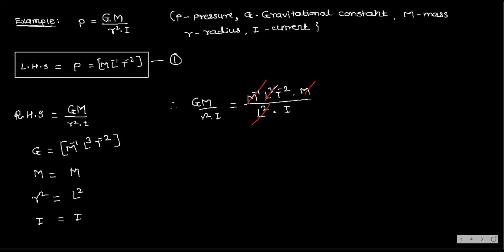This L square will get cancelled, so here it is power 1. And therefore you are getting L power 1, T power minus 2. And this I, when it is going up, is I power minus 1. And there is no M term, that's why it is 0. So RHS, which is Gm by R square into I, is equal to 0 in mass, 1 in length, minus 2 in time, and minus 1 in current.